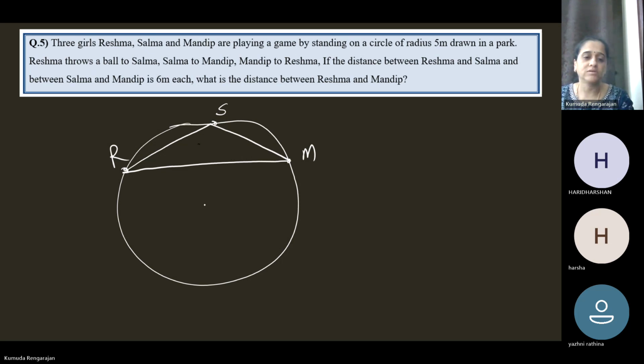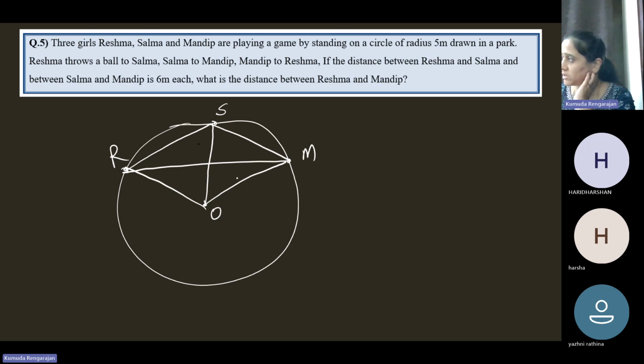Center of the circular park, O. Radius is any line segment joining the center to any point on the circumference. So if you join O to S, radius. O to M, radius. O to R, radius. Because O is the center of the circle and R, S, and M are 3 points on the circumference of the circle. So OM radius, OS radius, OR radius.